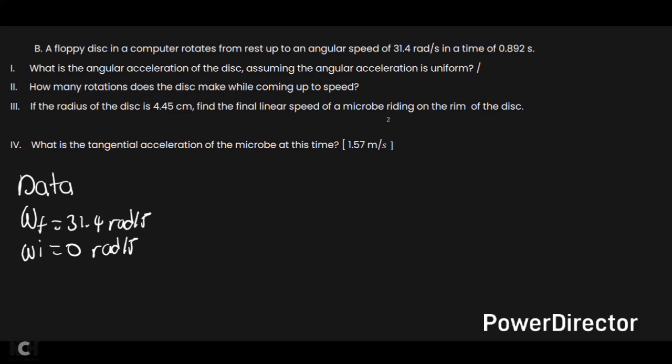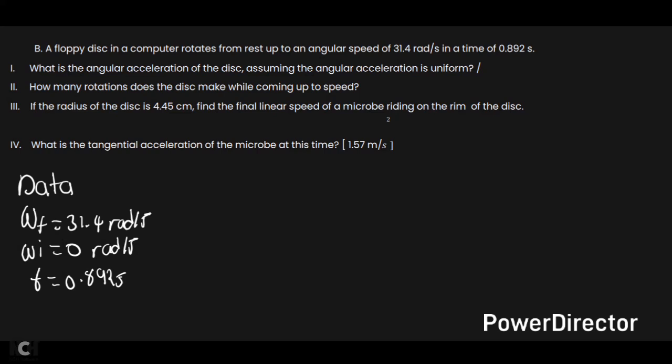Then the time they have also given us, which is 0.892 seconds. What is the angular acceleration of the disk, assuming the angular acceleration is uniform? So you're looking for the angular acceleration.